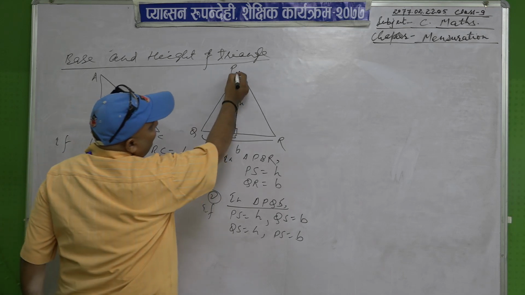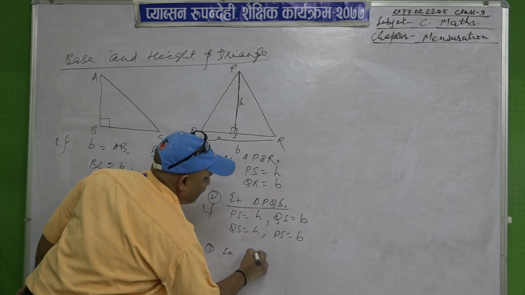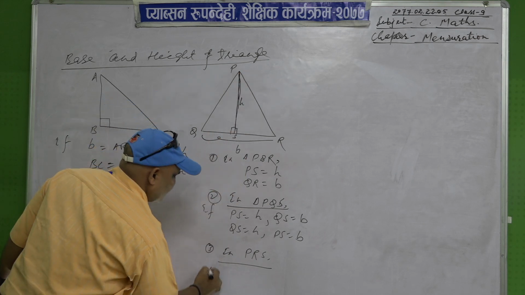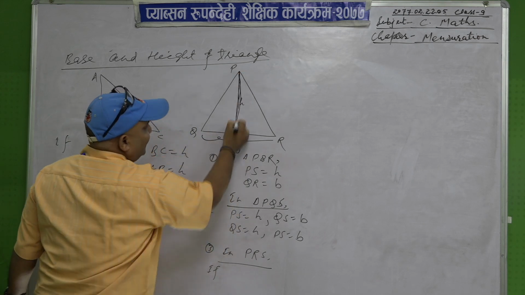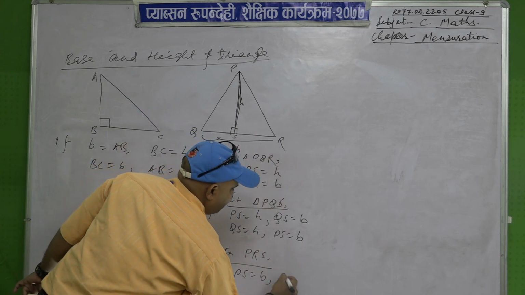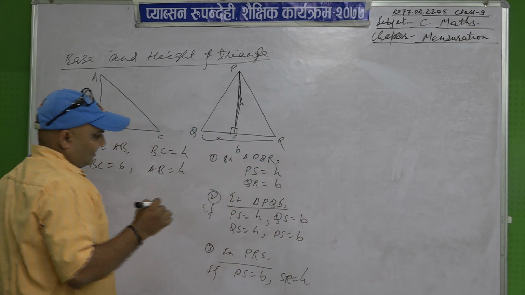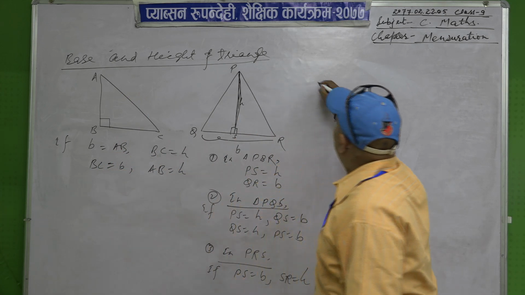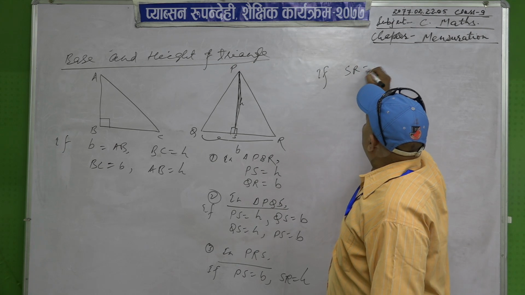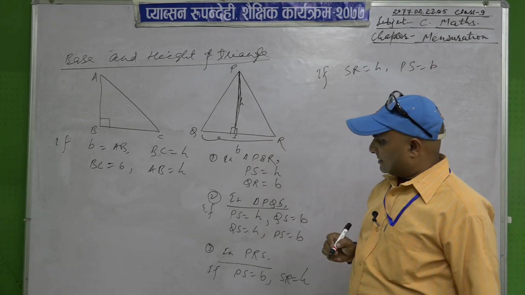Same way in this figure also, in triangle PRS, if PS is base, then SR is height, and if SR is height, then PS is base.